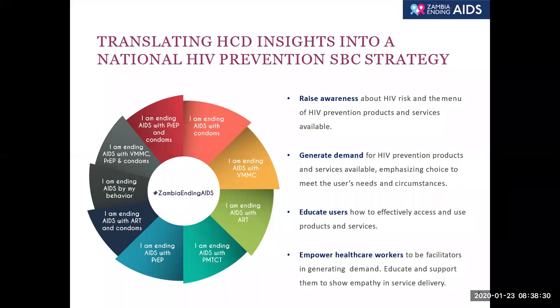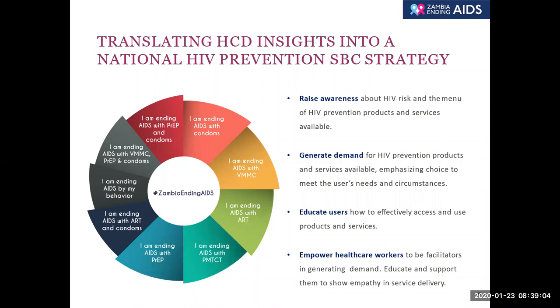A surprising outcome from our HCD process was the development of a national HIV prevention campaign that did not solely focus on PrEP, but a range of HIV prevention options critical to HIV epidemic control in Zambia. Again, echoing some of the sentiments that were outlined in the previous presentation. As you note on the screen, the campaign aims to move away from HIV campaign fatigue and reignite interest by focusing on sexual health, well-being, and taking control.